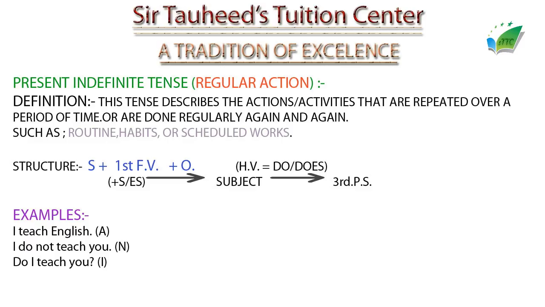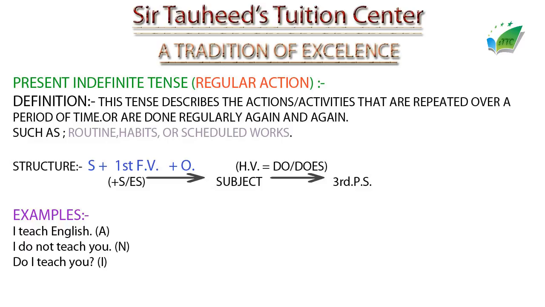Other things are the same. I do not teach you. I have only added do and not here to make this sentence negative. I do not teach you. It's a negative sentence.